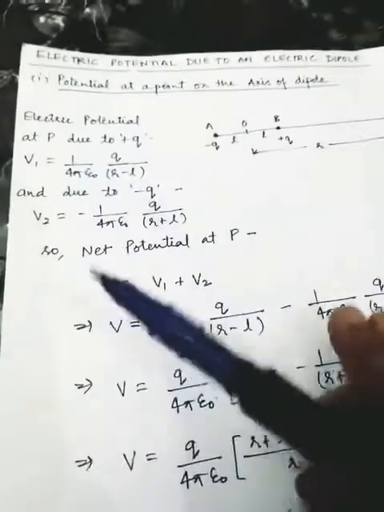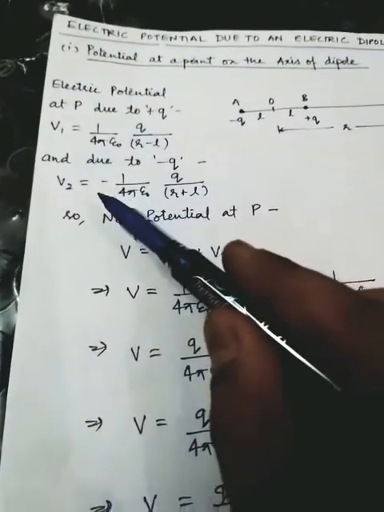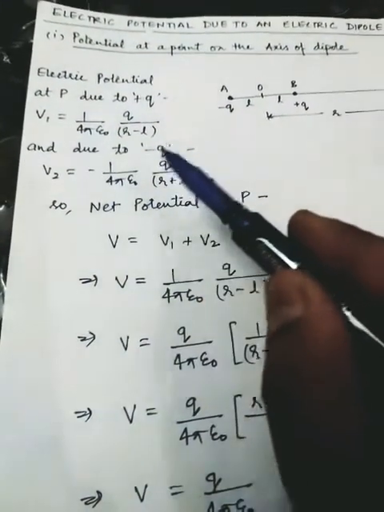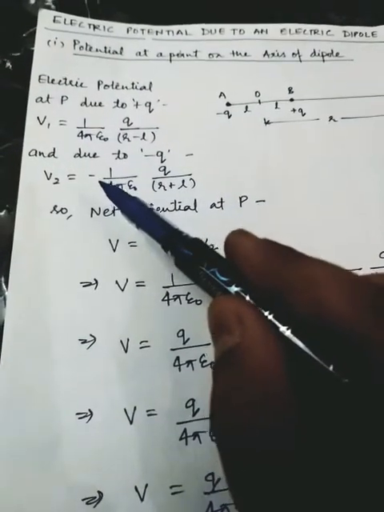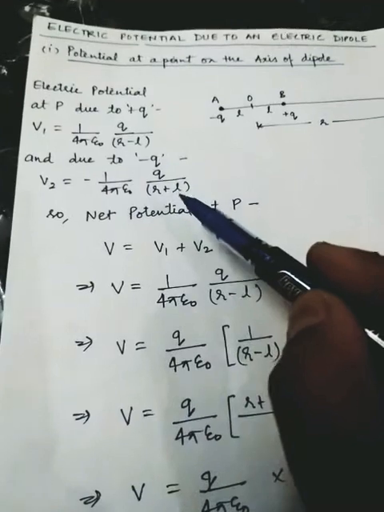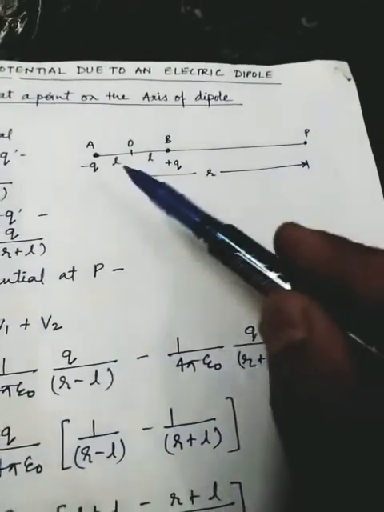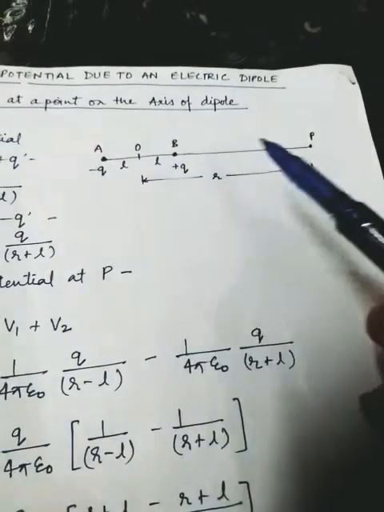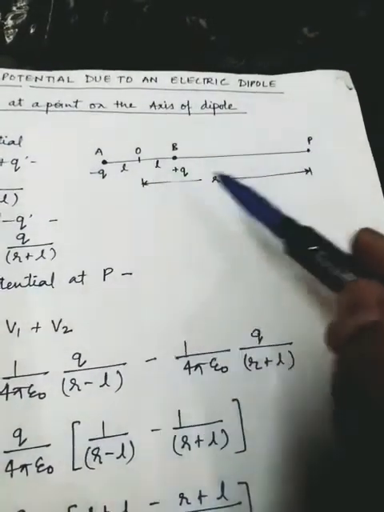And due to minus Q, formula V2 is equal to minus times, as it is due to minus Q, minus times 1 upon 4 pi epsilon naught Q upon R plus L. In the diagram you can see the distance of this charge minus Q from point P is R plus L.